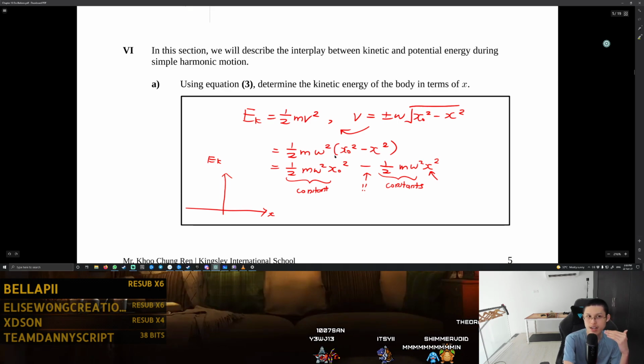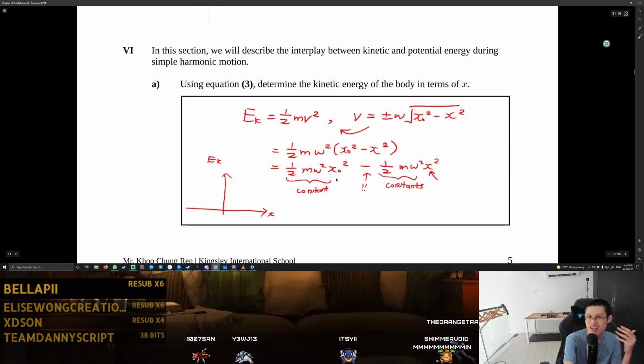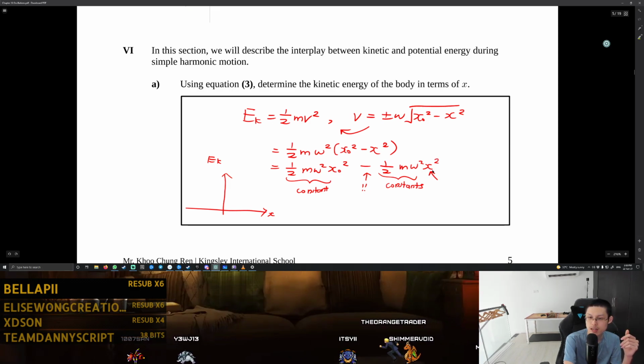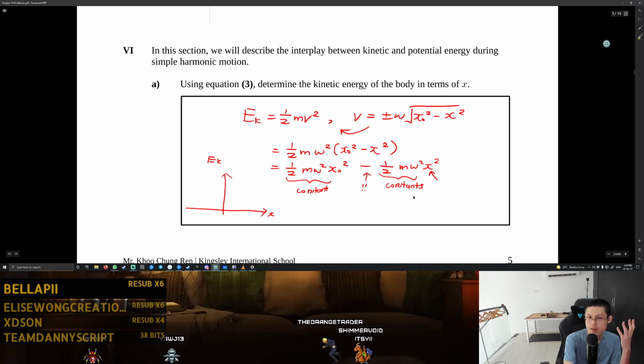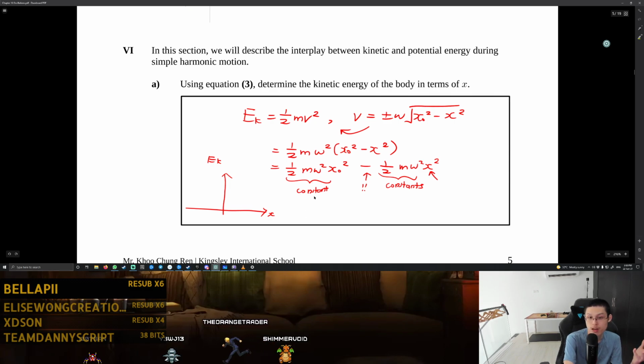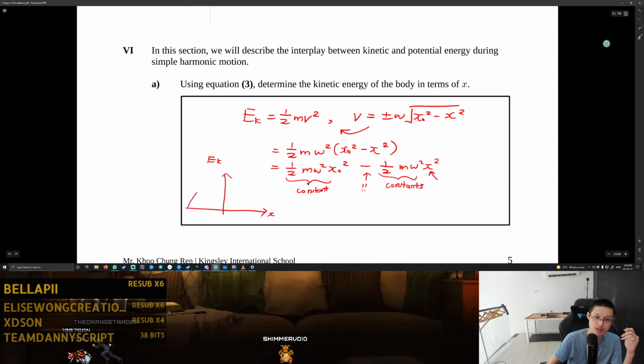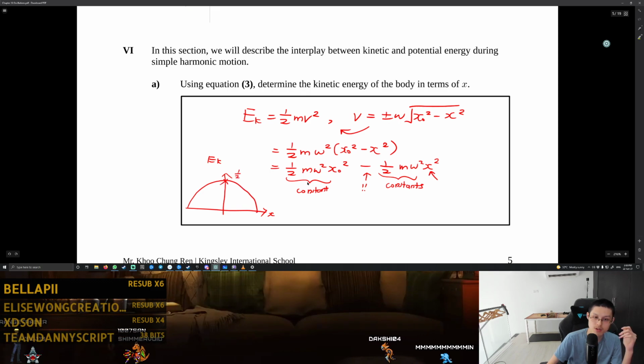And when you're at the maximum or minimum point, that's when your x is equal to x naught or negative x naught. Doesn't matter because you're squaring it anyway. So this one minus this one would become 0. So at the highest or lowest point, the kinetic energy would be 0, which means it's not going to have any velocity. So far, this all makes sense. So if you sketch this, it looks like a negative quadratic, kind of like that, with some maximum point of 1 over 2 m omega squared x naught squared.